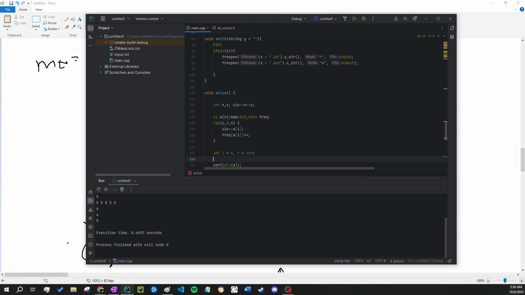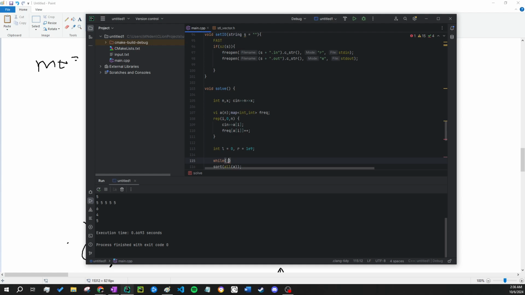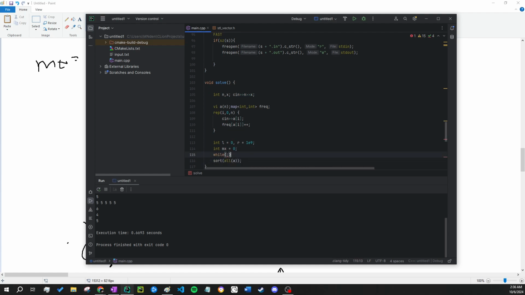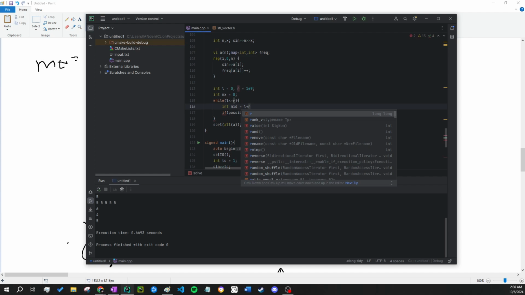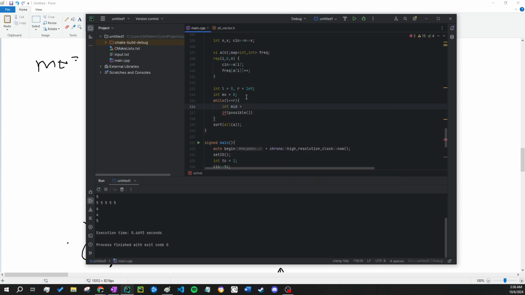So this is max, and we put the answer equals... L plus R, I believe, to avoid overflow.